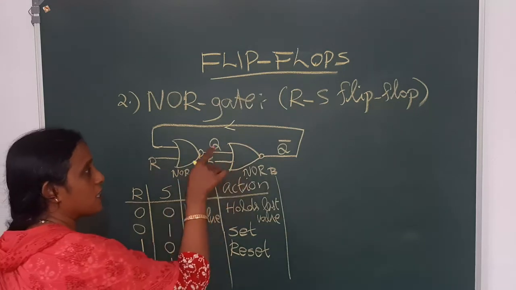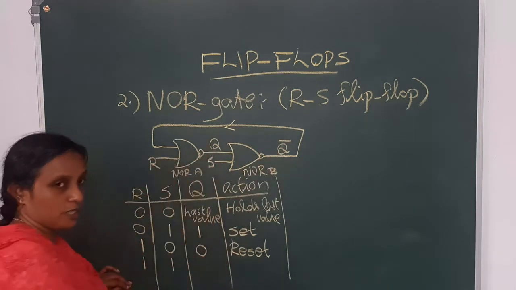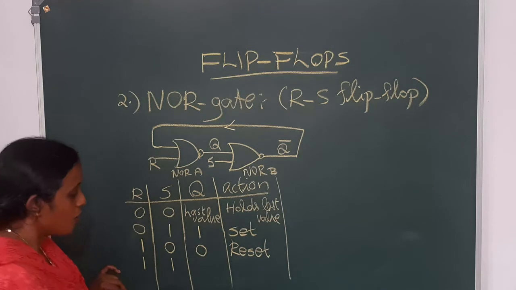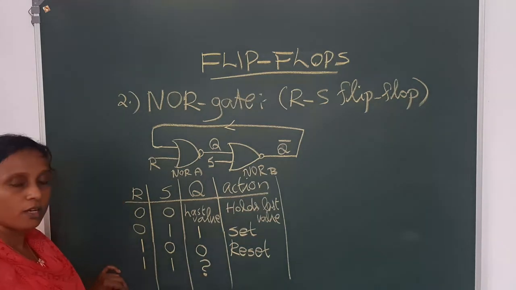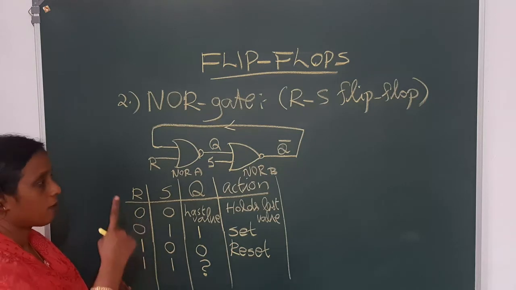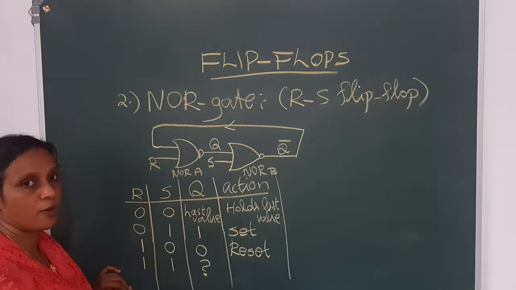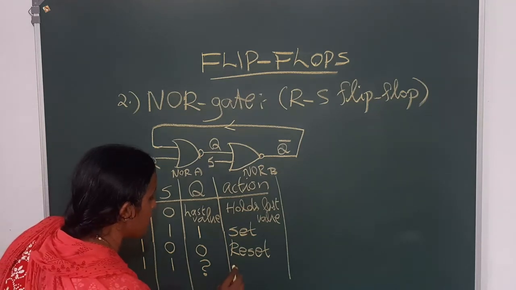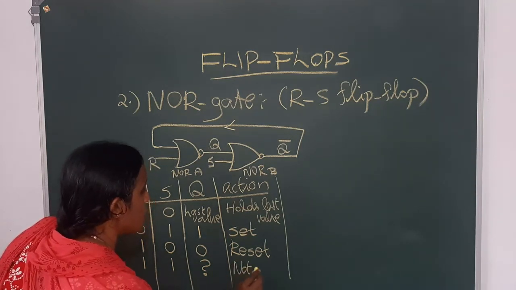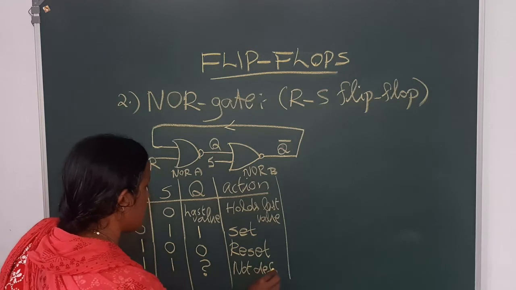But by definition, this should be the complement of this. So this is an undefined condition in the case of RS flip flop. Okay, not defined condition.